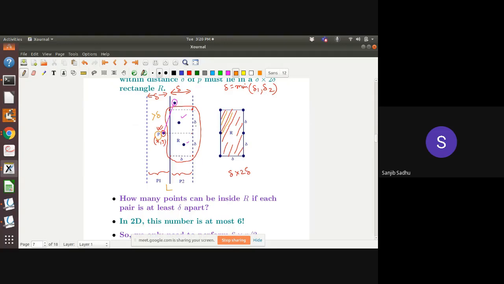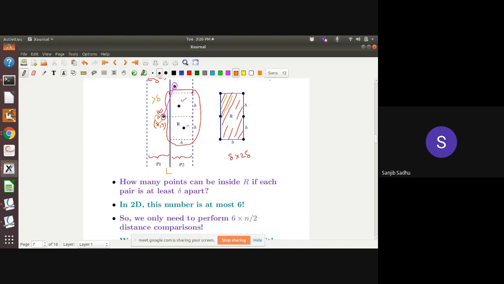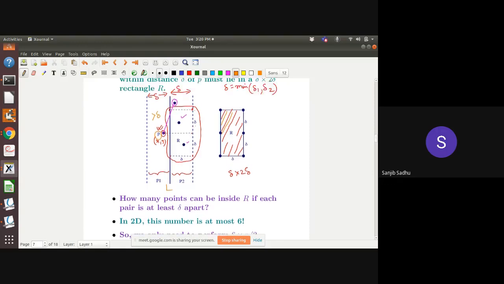But I am sure that either delta 1 or delta 2 is there. So in this case, I will get at most 6 points: this one, this one, this one, this one, this one, and this one. So the distance between them is less than or equal to delta.